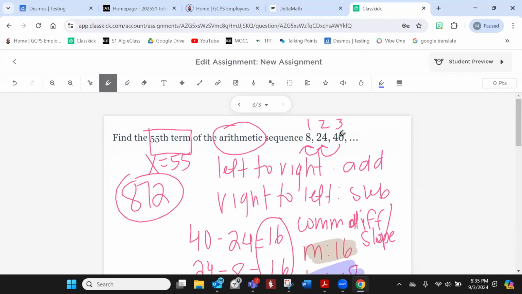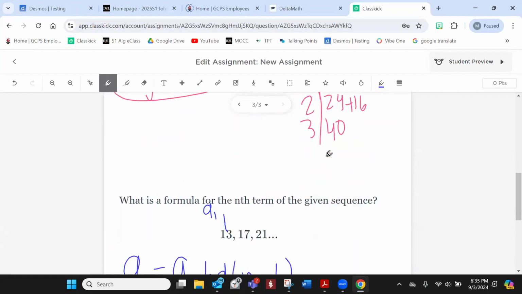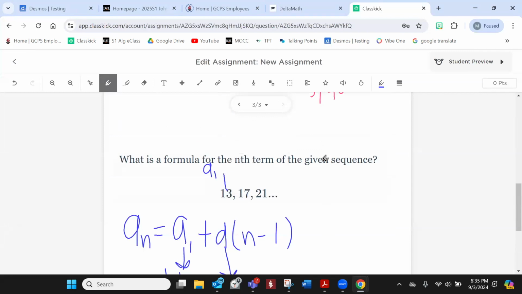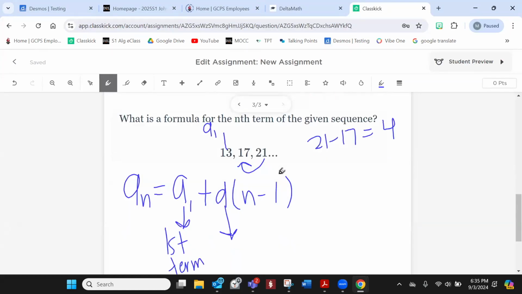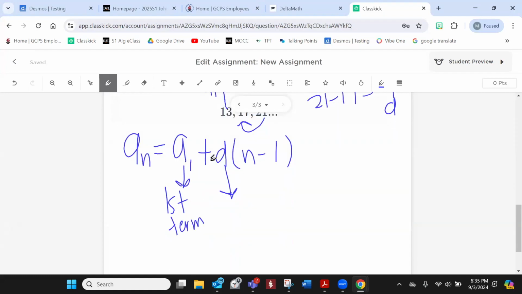So start at the back, we're gonna subtract the previous term. So if I look, 21 minus 17, that is 4. And that is going to be my common difference. That's my slope. And then n is just the term you're trying to find.